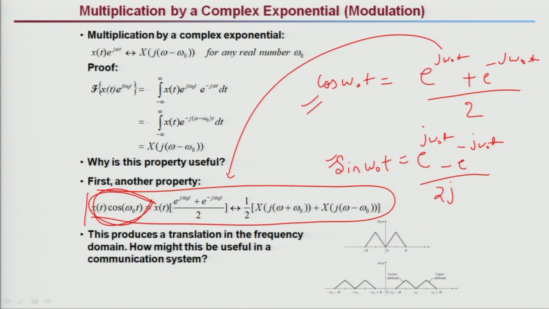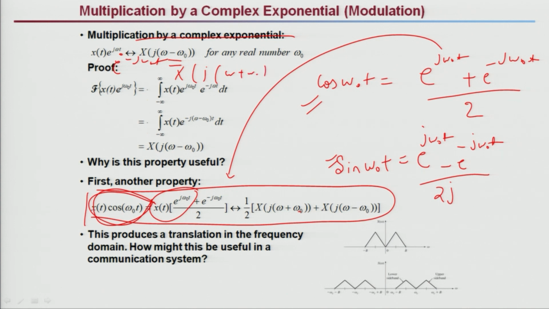Once you replace it by this result, you get x(t) times e to the power j omega naught t. By using this multiplication by complex exponential formula, remember that if omega naught is positive, the shift is negative, and for minus j omega naught t, it becomes X(j(omega plus omega naught)).